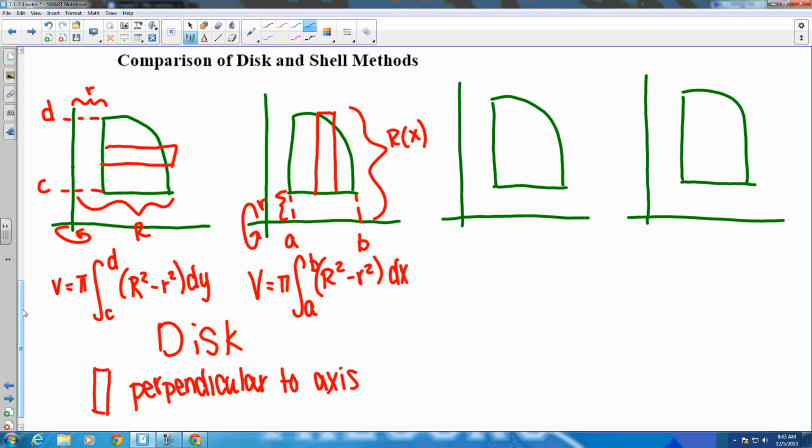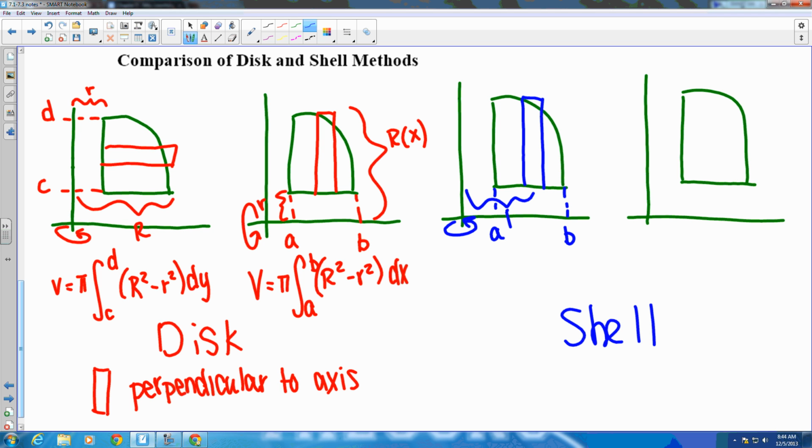Okay, now these two are going to be the shell. If I'm revolving around the y-axis, we are going to go from a to b, and you're going to draw in your rectangle. It's going to be parallel to our axis of revolution. We're going to have a p of x in this case.